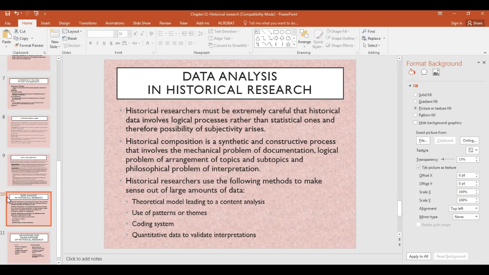Then you categorize your ideas, put them in thematic units, and explain each of these themes. Now, in historical research, your themes will basically be the lessons that you want to pass on to people in the field that you're looking at.